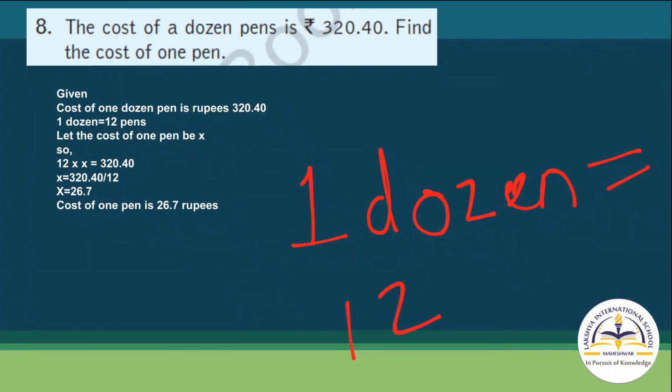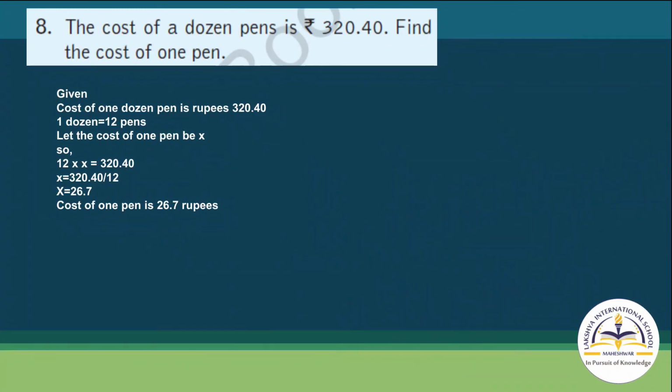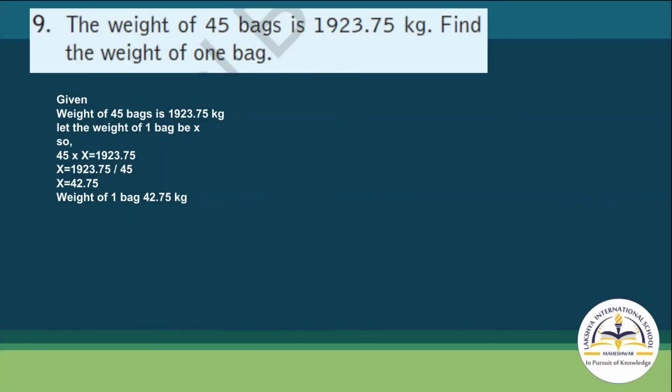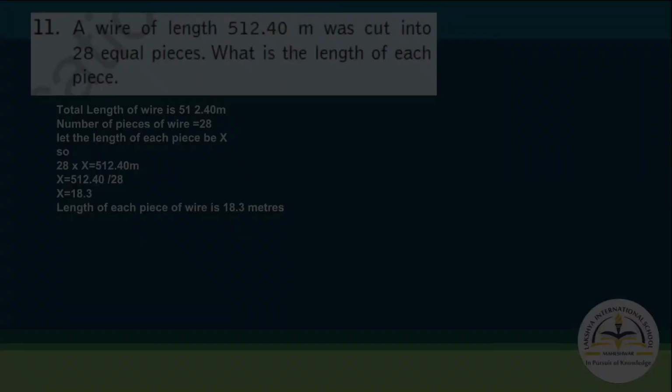That is 12 pieces. Okay. So 12 into x equals 320.40. So when you divide by 12, you will get the cost of one pen, that is 26.7. Now in the same manner you have to solve question number 9, 10.